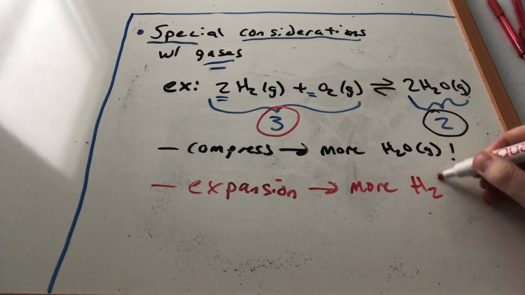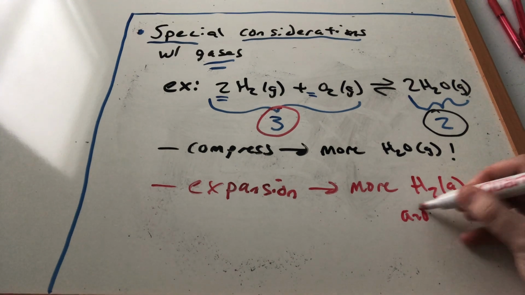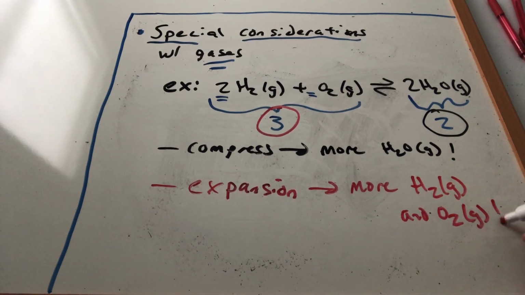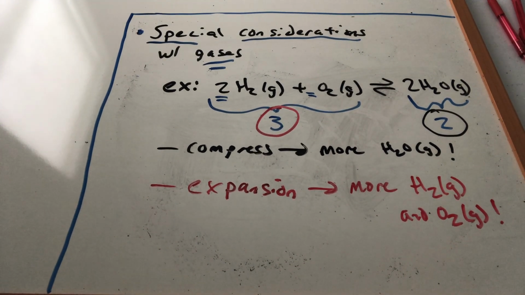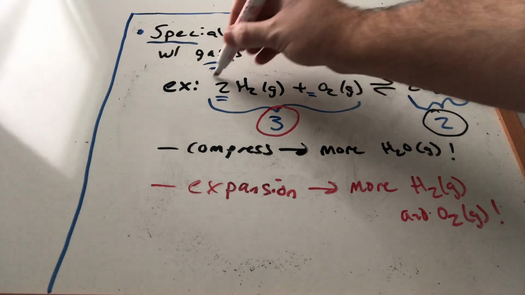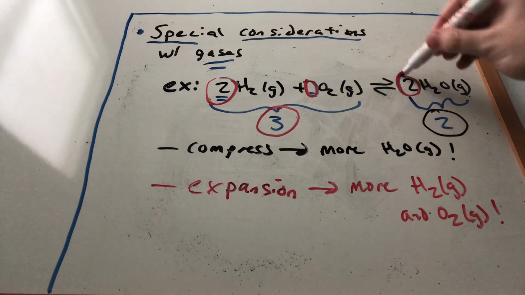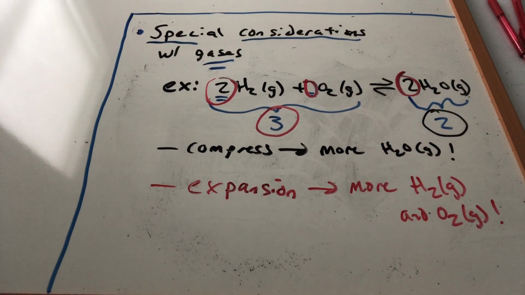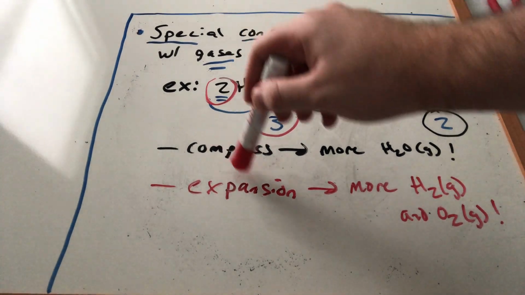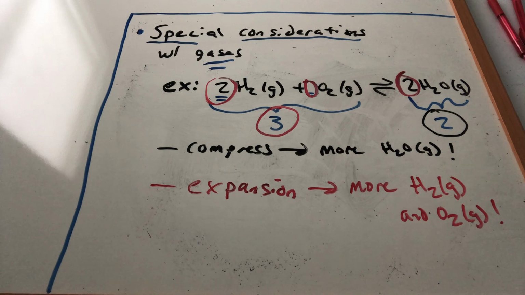You're going to get more H2 gas and more O2 gas, because equilibrium is going to shift based off of those Le Chatelier's principle statements we just looked at. Again, where I'm getting these numbers from are the stoichiometric coefficients, and I'm only looking at gases to apply situations where we compress and expand.